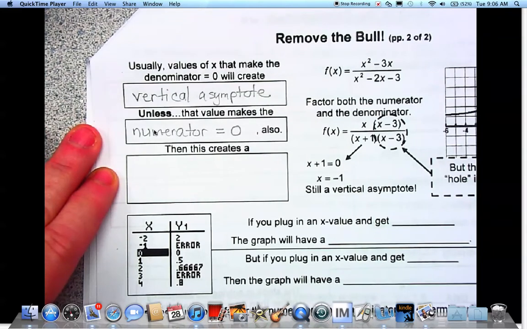Then this creates a removable discontinuity. New term. Removable discontinuity. Get it? Removable.